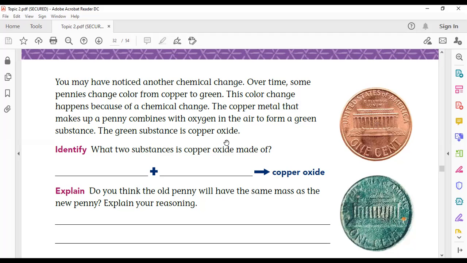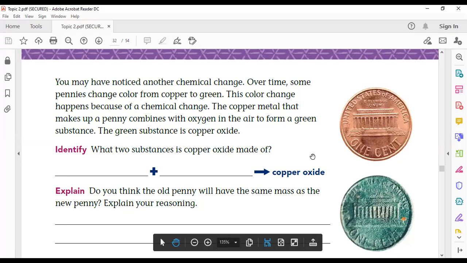It combines with oxygen in the air. The copper in this penny combines with oxygen in the air to form a green substance. This green substance, a new substance, is called copper oxide.